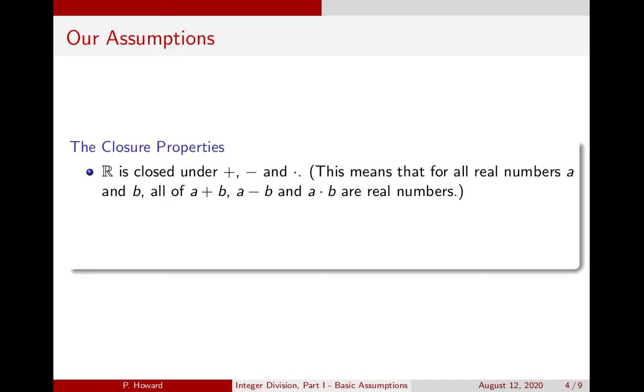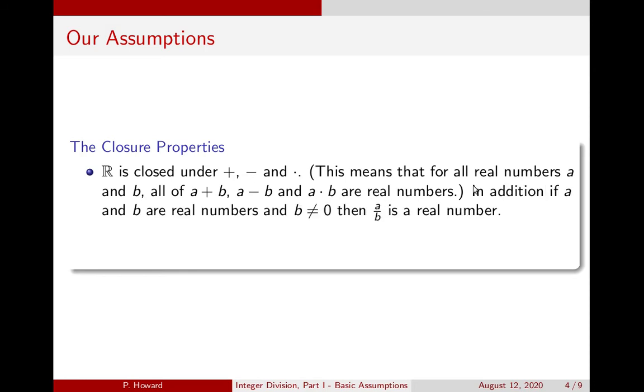The real numbers are not closed under division. You cannot divide another real number by 0 and get a real number. But if you have two real numbers, a and b is not 0, then a over b will be a real number. So the real numbers are almost closed under division, with the exception of dividing by 0.